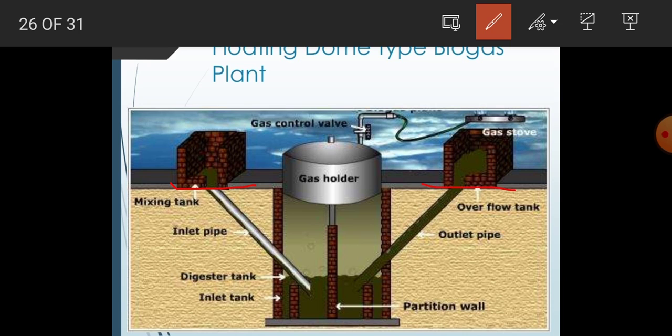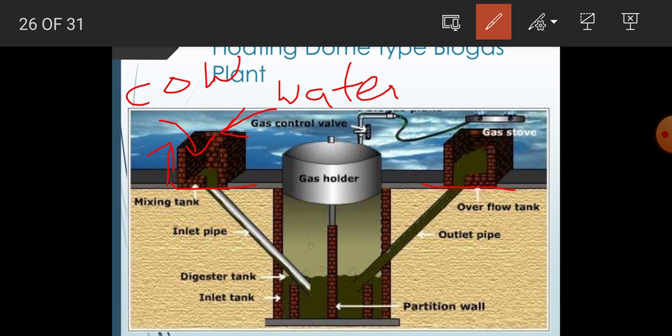This is the ground level, and above it there is a mixing tank. Here in the mixing tank, the cow dung and bio waste are inserted, and it is mixed with water.